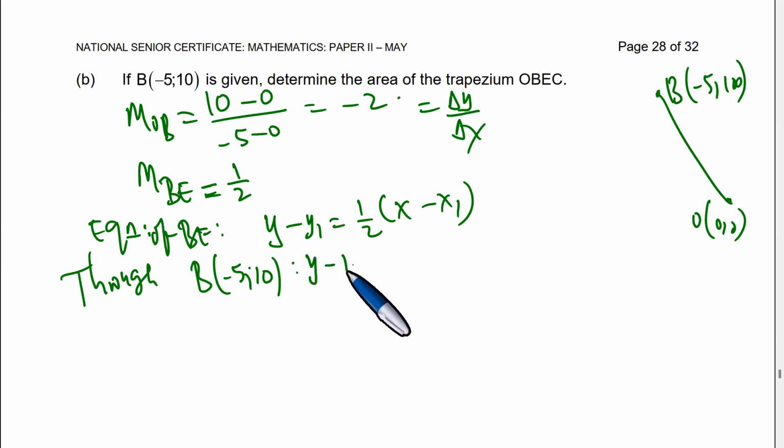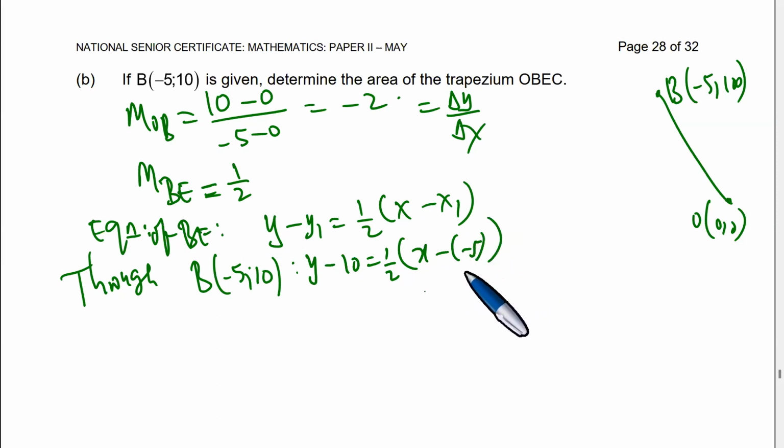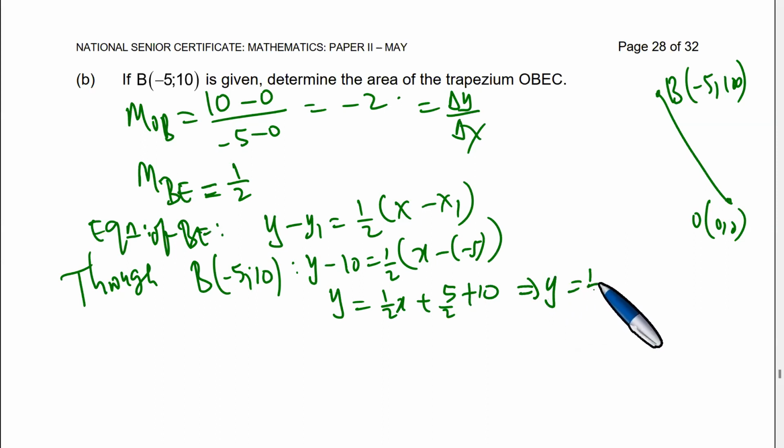So y minus 10 equals 1/2 times x plus 5, which is half x plus 5/2, plus 10. Which means y is a half x plus 25/2. So we found the equation of BE.